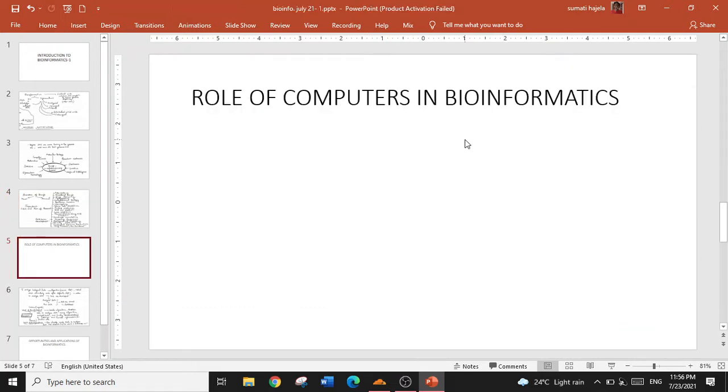Now, role of computers in bioinformatics. Bioinformatics is largely, although not exclusively, a computer-based discipline.